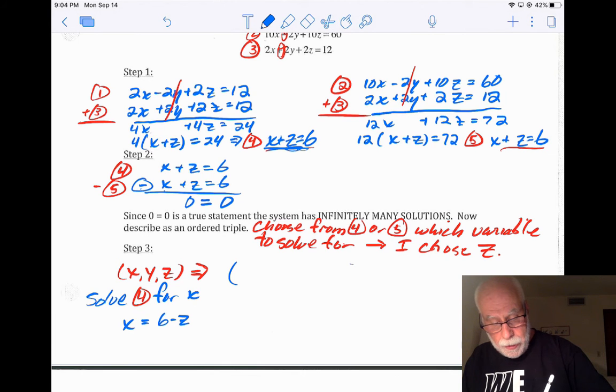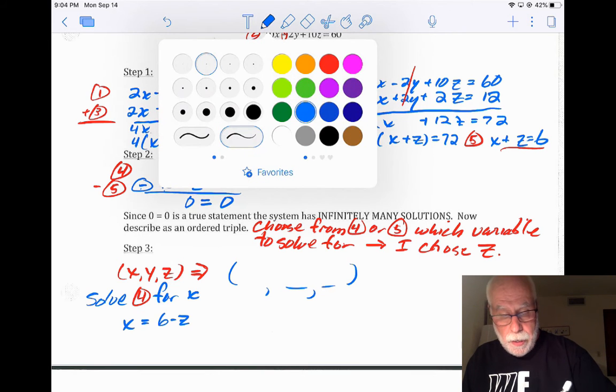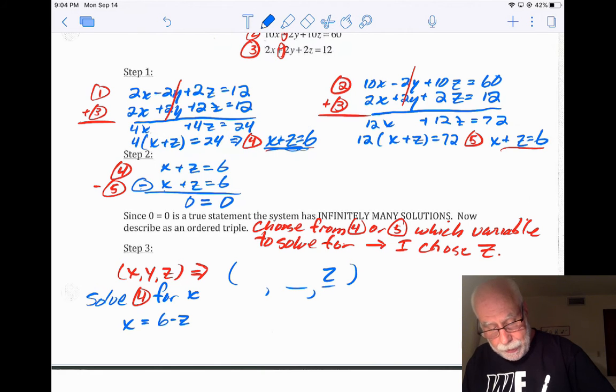Again, I told you that I just chose z. So when I say I chose z, that means I'm going to have z here. When I solved for x, that is what's going there. So I'm going to have 6 minus z here.